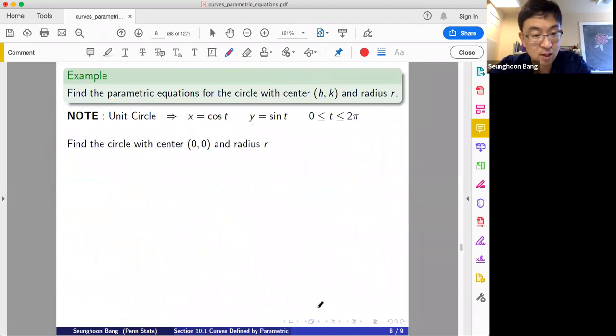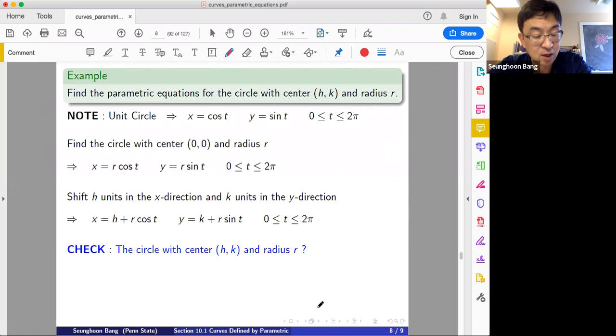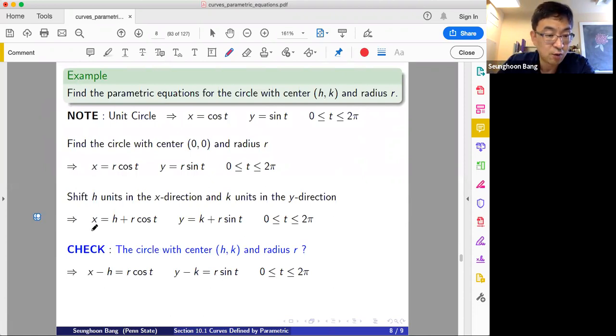So here, shift h units in the x direction, k units in the y direction. The next one, x equals h plus r cosine t, y equals k plus r sine t. I'm going to check that this is the circle with center (h, k) and radius r. So you can subtract h from both sides, and subtract k from both sides, and we have these two equations.